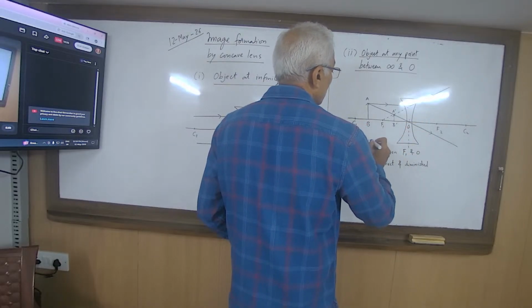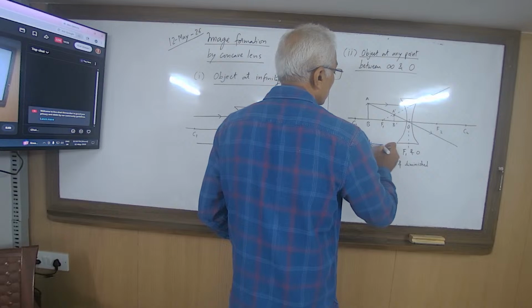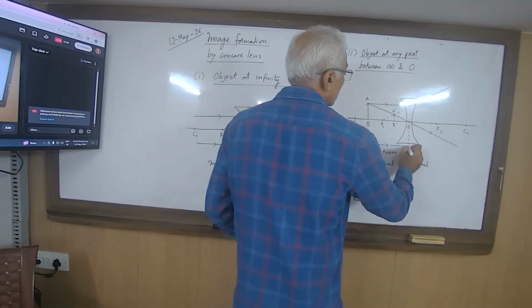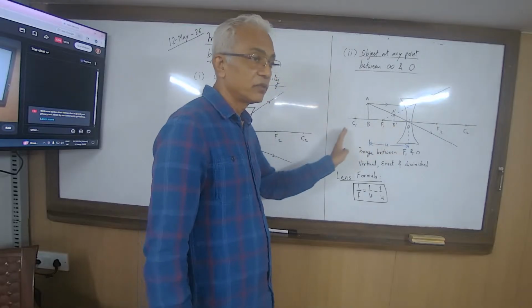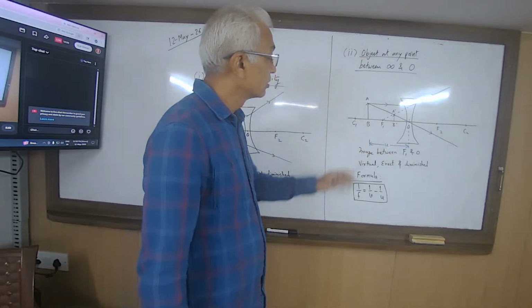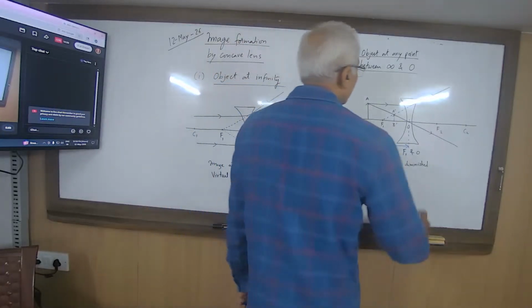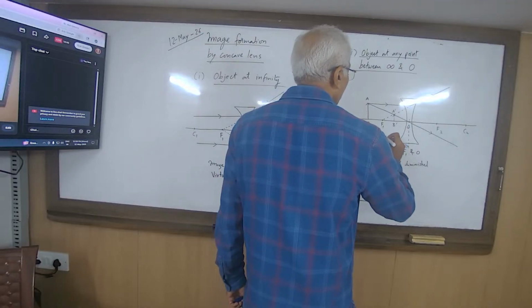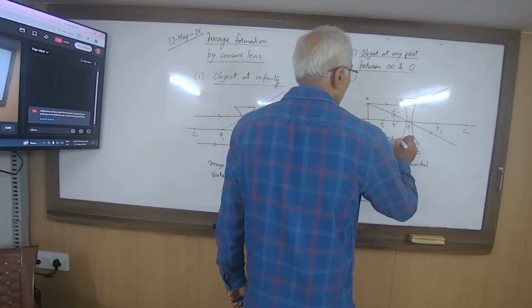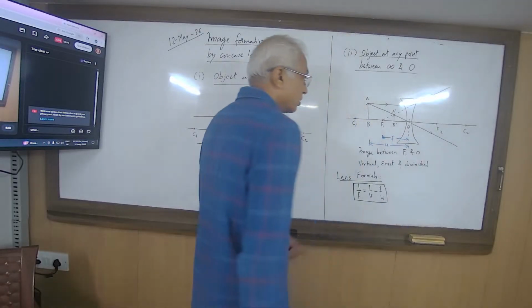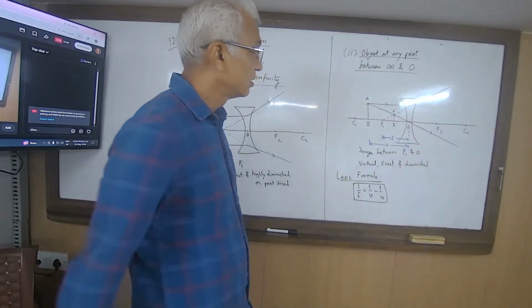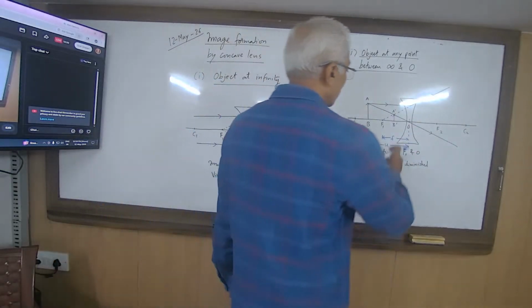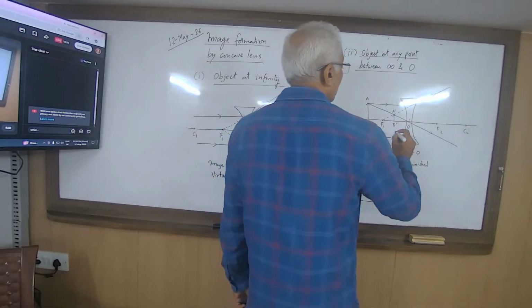So this is u. Irrespective of the lens, the object is always placed to the left of the optical center. For a concave lens, the focal length is also on the left side. For a convex lens, it is on the right side, so positive.